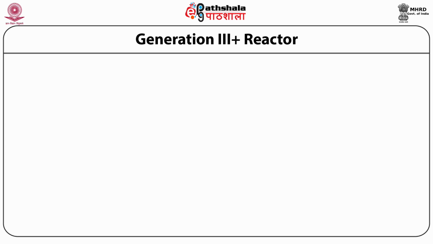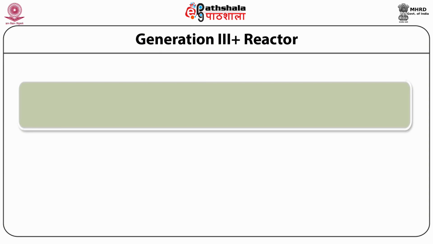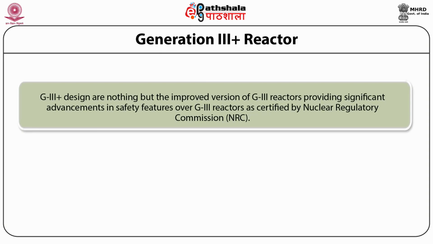Next type of nuclear reactor is Generation 3 plus reactors, that is G3 plus. G3 plus designs are nothing but improved versions of G3 reactors, providing significant advancements in safety features over G3 reactors, as certified by the Nuclear Regulatory Commission, NRC.